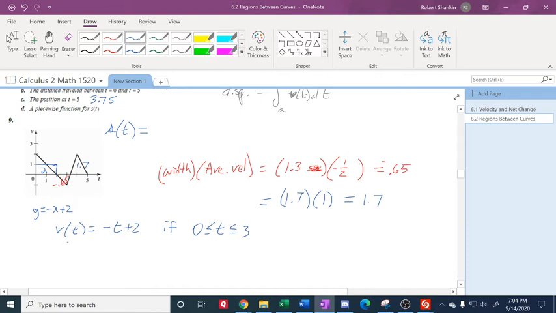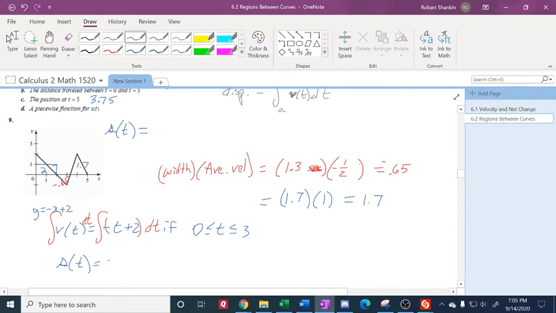And then I can integrate. If I integrate, stick a dt in there, this is going to give me the integral of the velocity, which is the position.